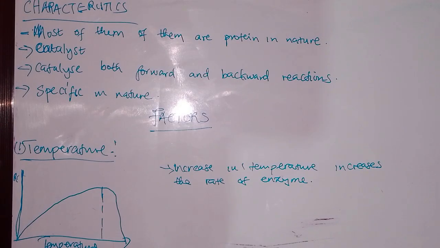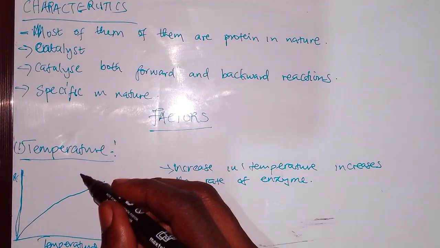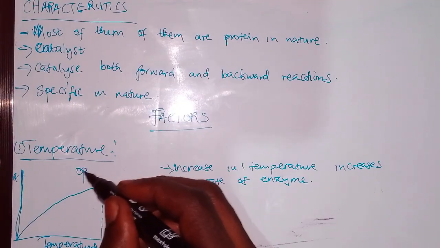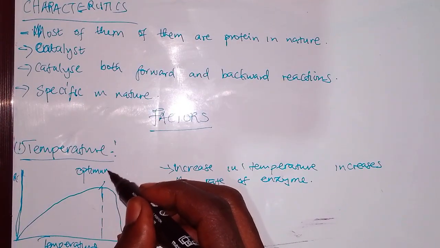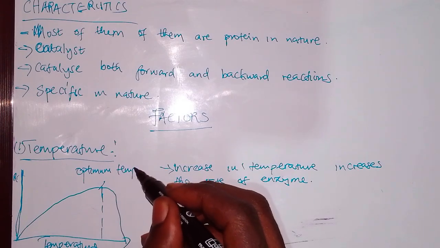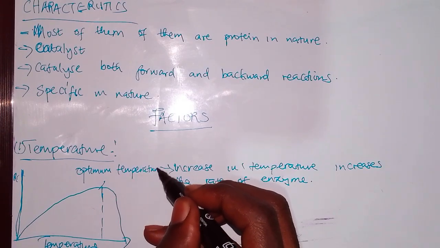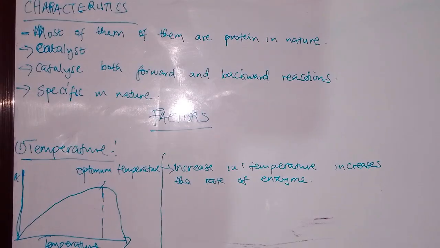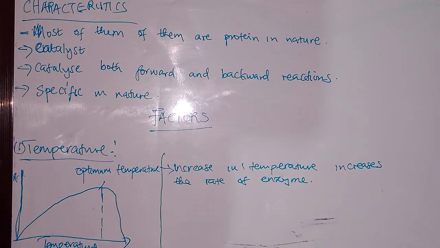Then the second thing we say is that enzymes work the best at a certain temperature, which is known as the optimum temperature. In case they ask you to label on the diagram where the optimum temperature is, this is where it is.